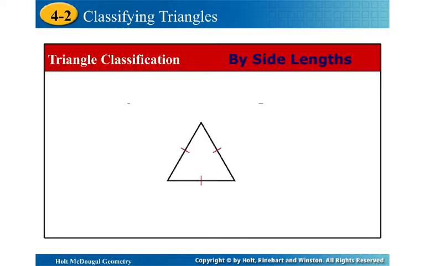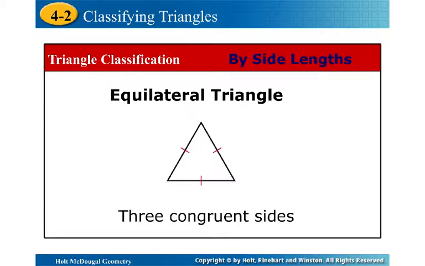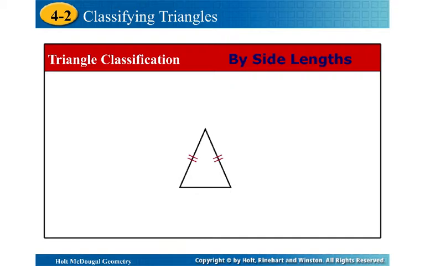So, taking a look at our sides, because now we're naming things by the side lengths. If you have all of the same sides, instead of equiangular, this is what we call equilateral. Lat meaning side. So an equilateral triangle says there are 3 congruent sides, and that's going to make your name via side lengths. We also have an isosceles triangle.